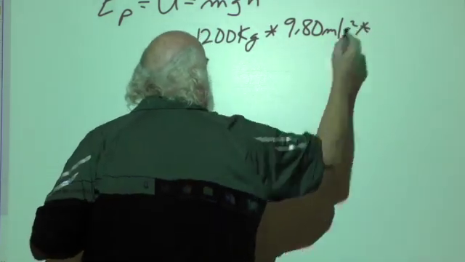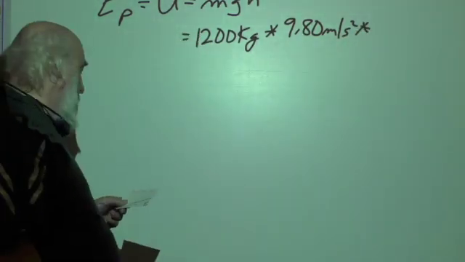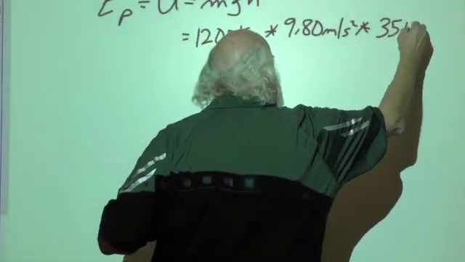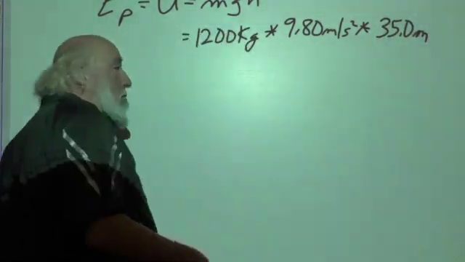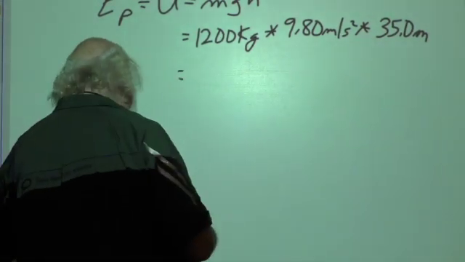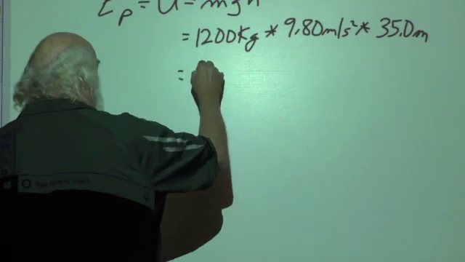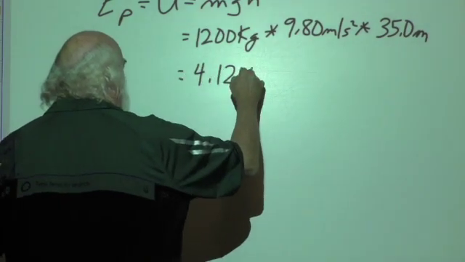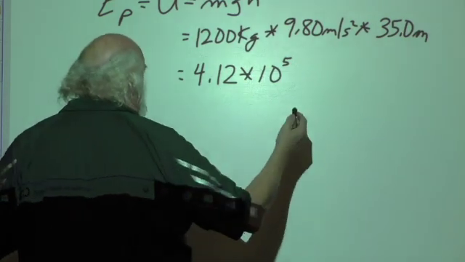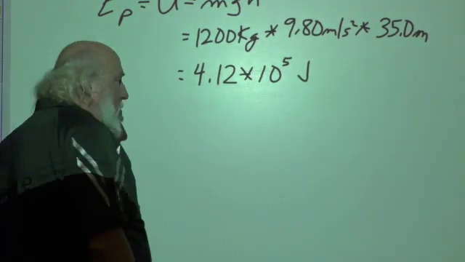And in this particular scenario, the height of the car is 35 meters. So all you have to do is punch this into your calculator and round off to 3 sig figs, and you get 4.12 times 10 to the 5th, and the label for energy is the label for work, which is joules.